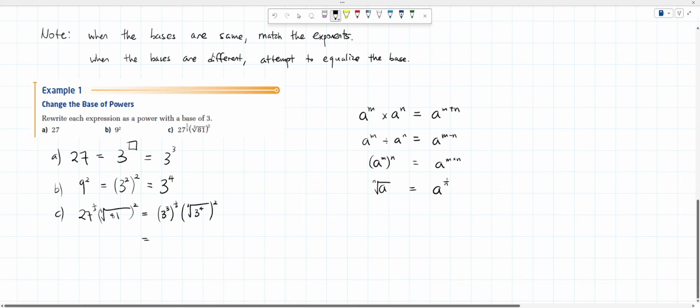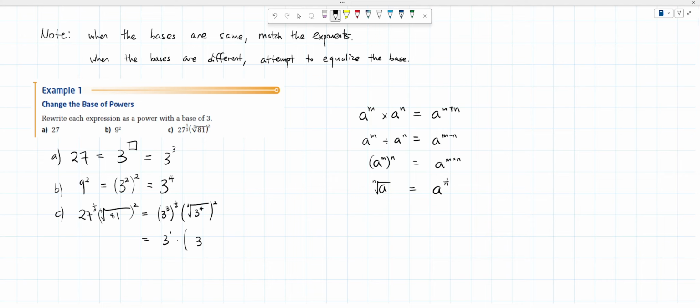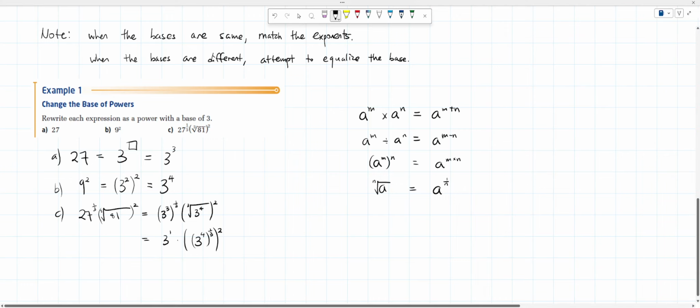First of all, 3 cubed to the power 1 over 3: we multiply the exponents, so it becomes 3 to the power 1. And the cube root is the power 1 over 3. So it becomes 3 to the power 4, to the power 1 over 3, all to the power of 2.